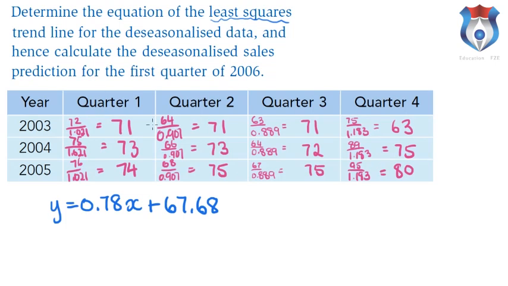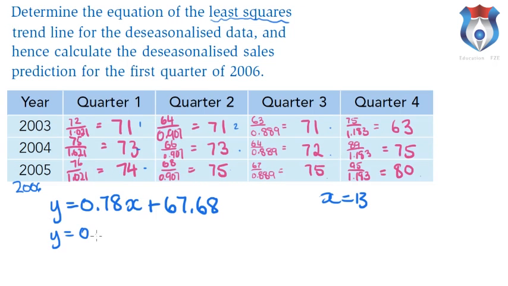So these quarters that I had here, this was x equals 1, x equals 2, 3, 4, 5, 6, 7, 8, 9, 10, 11, 12. So what is x going to be in the first quarter of 2006? It's the next one along here, 2006 quarter 1 would be 13. So for x equals 13, I'm going to put that into this equation.